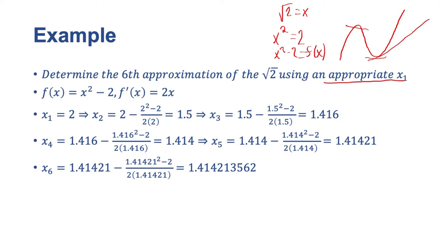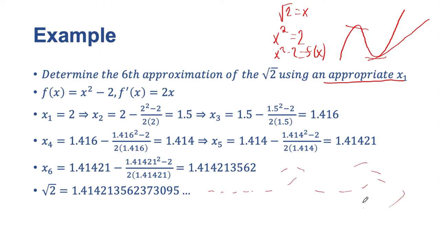And of course, now we can check our work to see if our approximation worked. We can just Google what the square root of 2 is and see how accurate our approximation is. So when I looked it up, I found that the square root of 2 in its decimal form is equal to 1.41421356237309.5, and of course, this repeats going on and on all the way out into infinity.